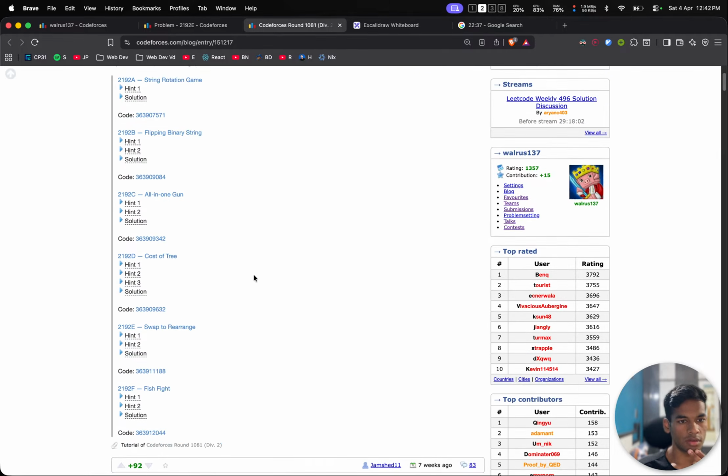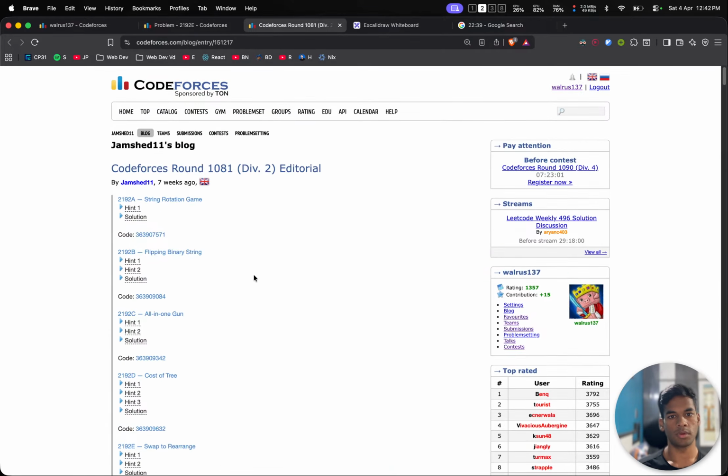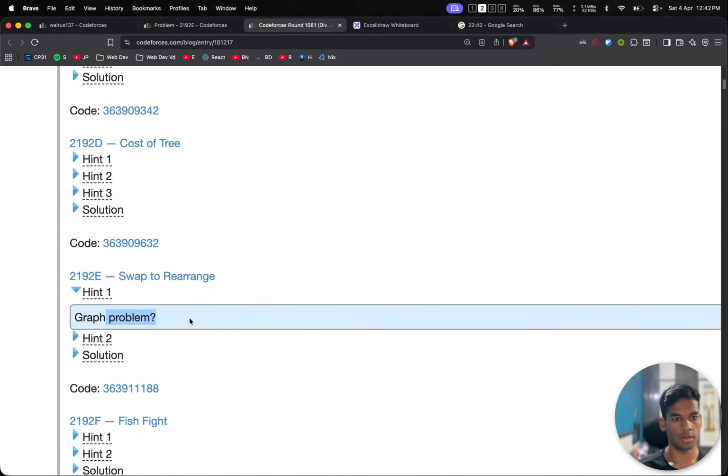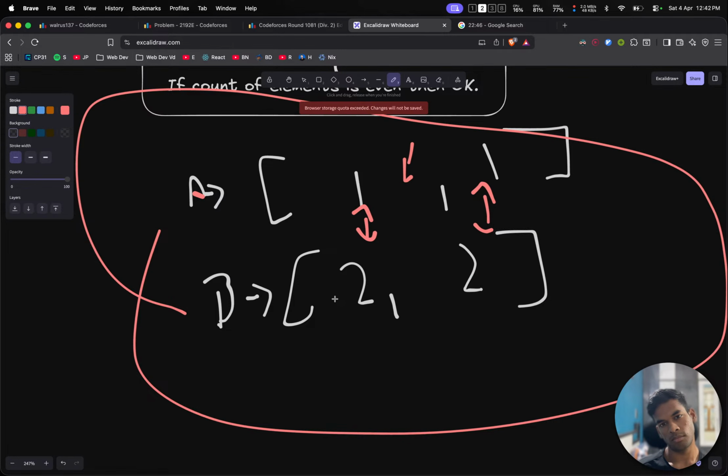E, swap, rearrange. This one, let's see, look at the graph problem. Bipartite graph.